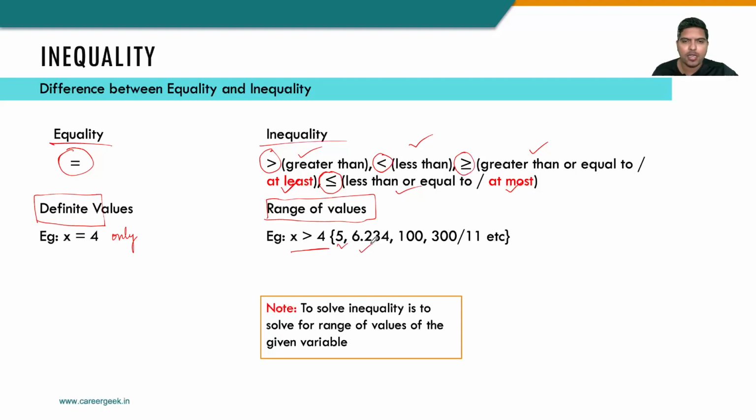Be it 5, be it 6 point some decimal, 100, 300 upon 11, which is, let's say, 20 something. Even 4.001, any value greater than 4 is part of this inequality. In inequality, we always get a range of values. So when you're solving an inequality, you are solving for the range of values of that variable, be it x, a, y, z, whatever, right? So the difference between equality and inequality has to be pretty clear.